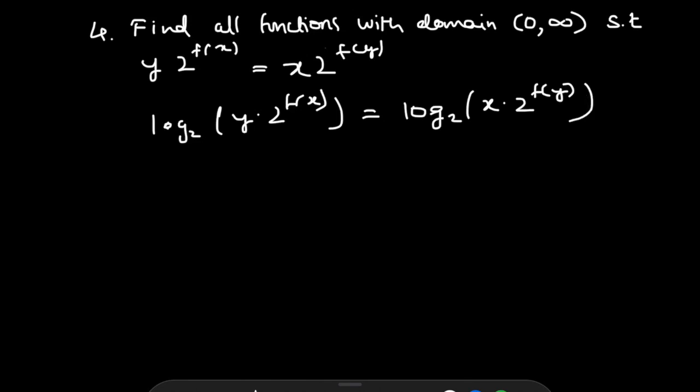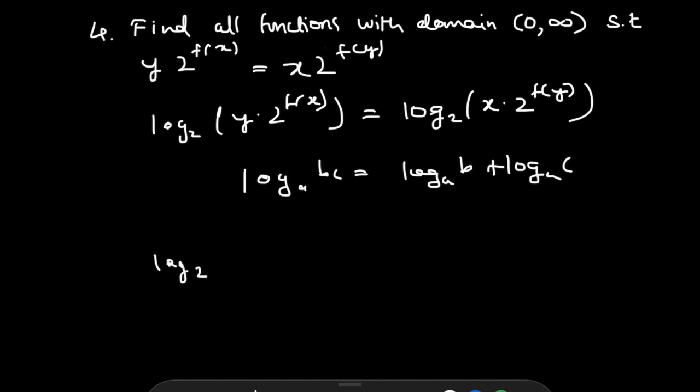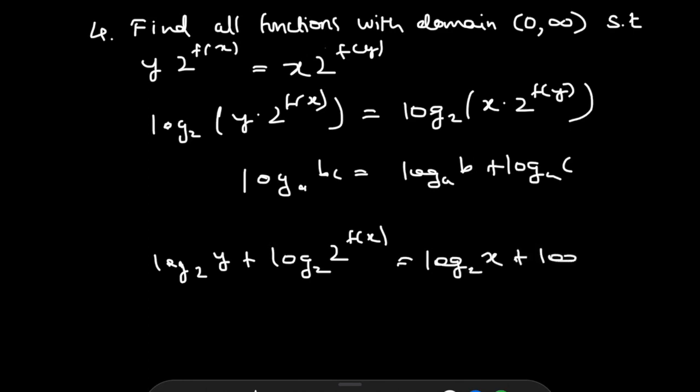And now we apply the identity that log base a of bc equals log base a of b plus log base a of c. So our equation now becomes log base 2 of y plus log base 2 of 2 to the f of x equals log base 2 of x plus log base 2 of 2 to the f of y.